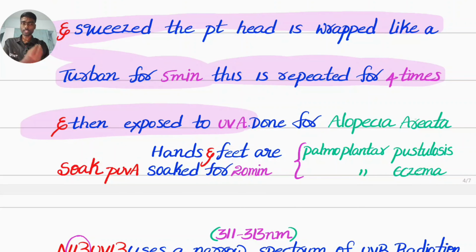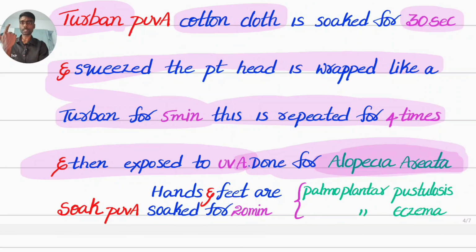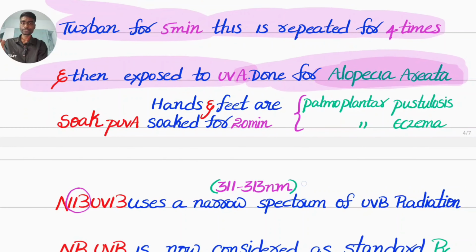This is useful for alopecia areata. Common sense. We are wrapping cotton cloth like a turban over the scalp. It can be used for alopecia areata. Why unnecessarily expose the patient to side effects of oral psoralen? We can do this simply by covering the head with a turban-like cotton cloth and then exposing to UVA light.